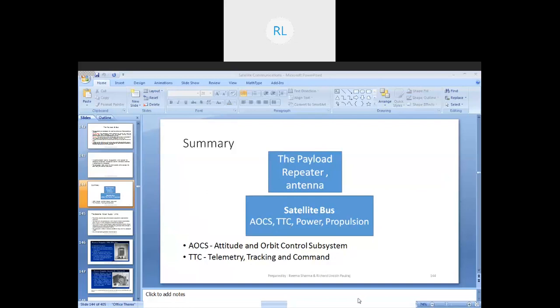Why are repeaters needed? Can someone tell me? Why is it so necessary for a repeater? I'm waiting for the answer.